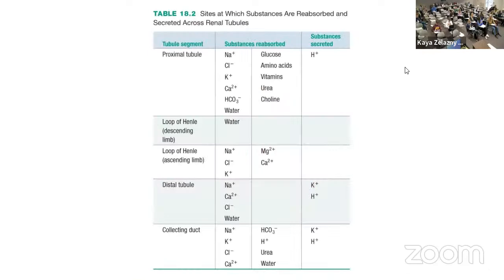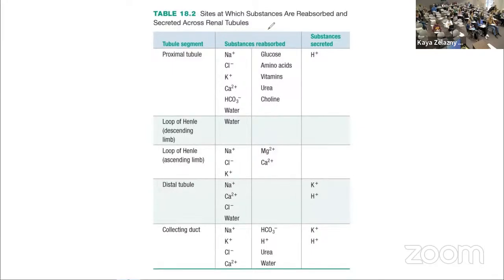Right. So here we have an overall list of where you get substances reabsorbed and secreted in the tubules. Okay, so we've been focusing thus far on our proximal tubule, so the first little chunk of the nephron. So we can see that this is a lot of reabsorption, right? Lots of reabsorption. Our most important examples that we're focusing on are glucose.